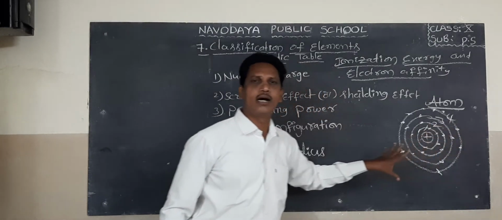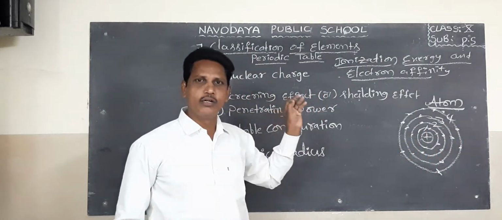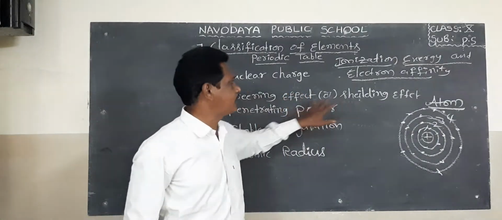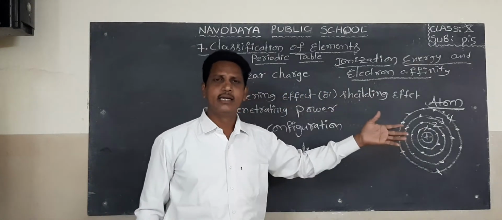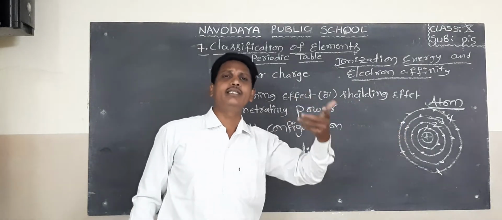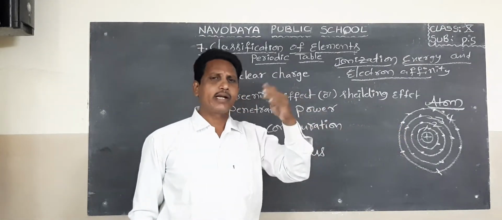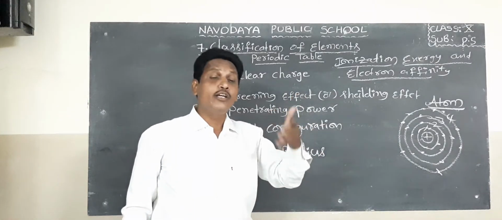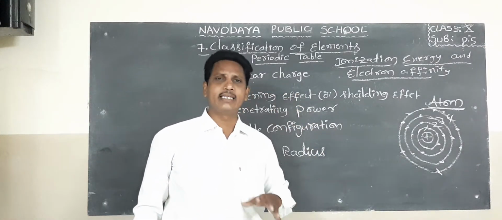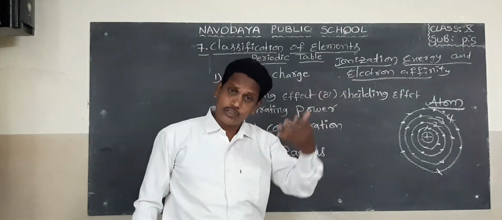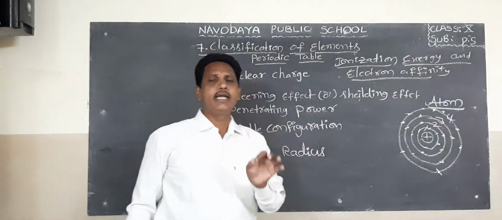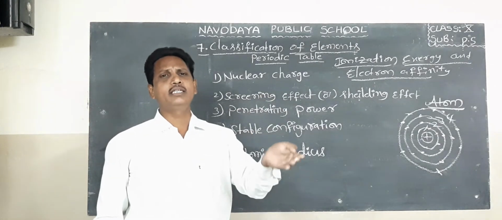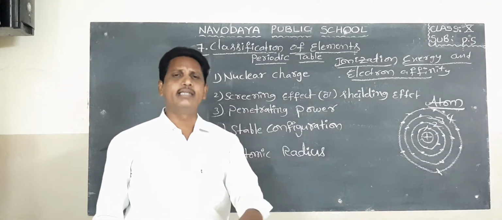This effect is called screening effect or shielding effect. If screening effect increases, atomic size also increases. If atomic size increases, ionization energy decreases and electron affinity also decreases.